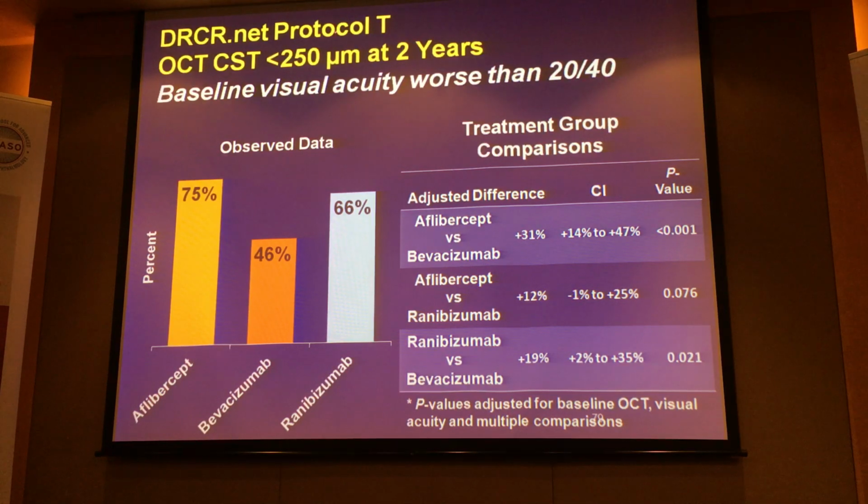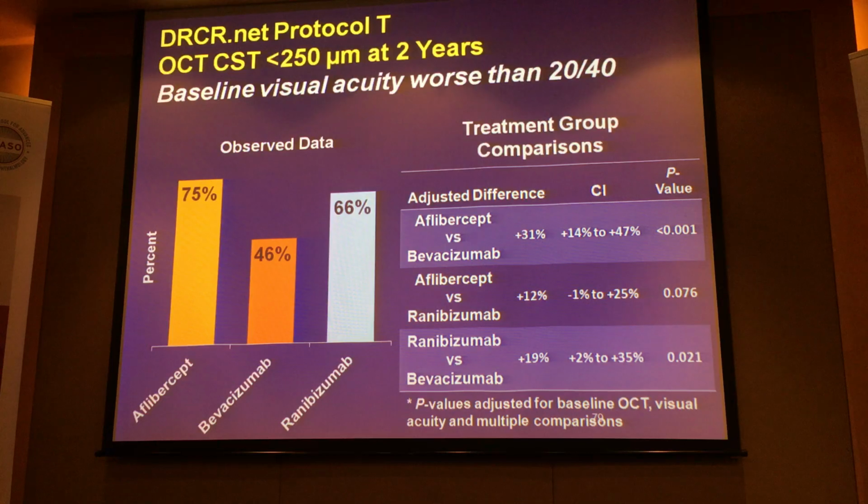The DRCR-NET protocol T showed that if you use Avastin, 54% at baseline vision, 54% at OCT CST greater than 250 microns. 250 was considered gold standard, perfectly dry macula.